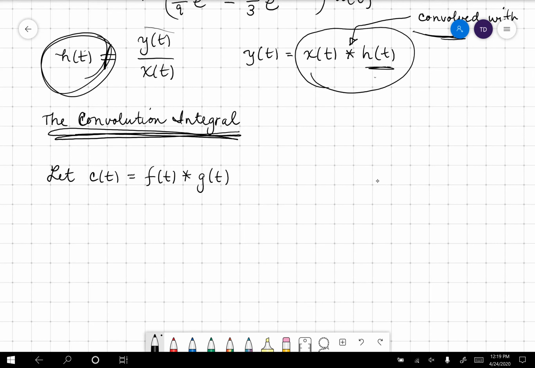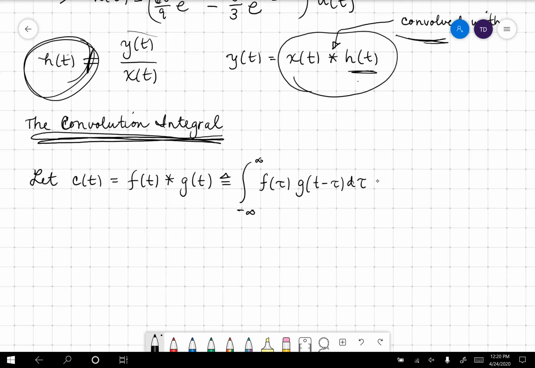We define this to be the integral from minus infinity to infinity of f of tau g of t minus tau d tau. I'm going to write this here with no proof. This is also equal to the integral from minus infinity to infinity of g of tau times f of t minus tau d tau.